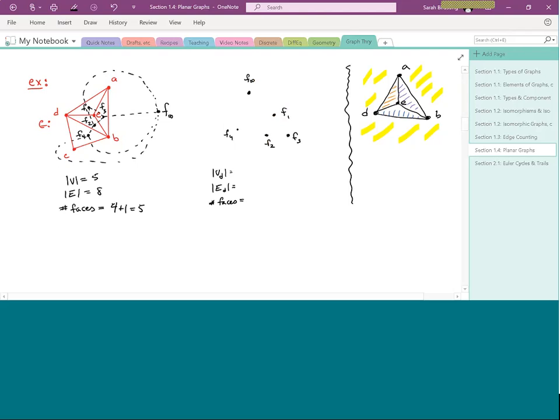So here, if we put in the edges, F1, F2, F3 form a little triangle. We had F2 and F4 connect with each other. And all the other edges in the dual are going to be incident to the vertex that represents your unbounded face.